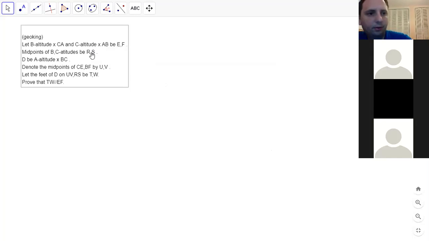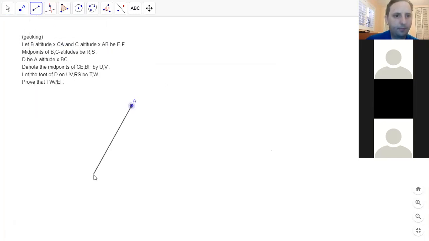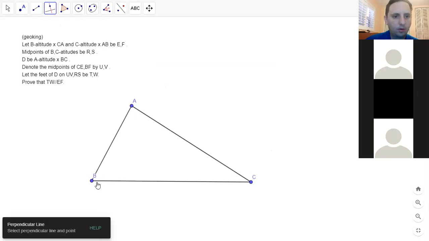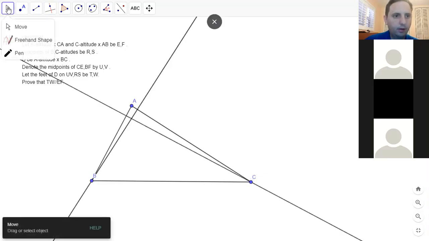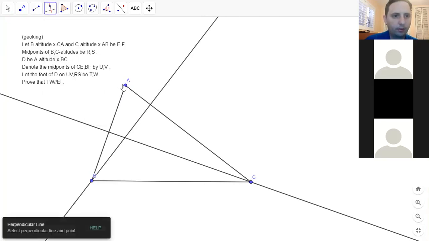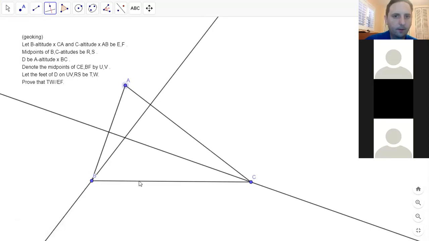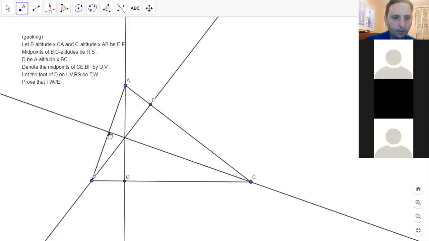Let the B altitude intersect CA and the C altitude intersect AB at E and F. I'm going to make it look a little better. D is, oh, we also draw the A altitude. Okay, so that's D, E, and F.